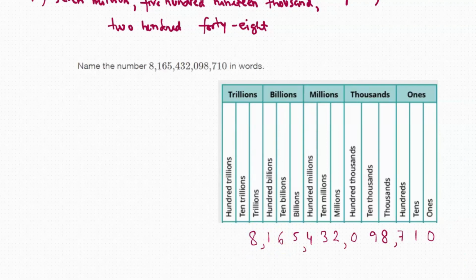Now let's see. Again, the very first step is that we start at the digit on the left and we identify the period. So here this 8 is in the trillions period. So let's mark it here. This is trillions. And then this 165 is in the billions.